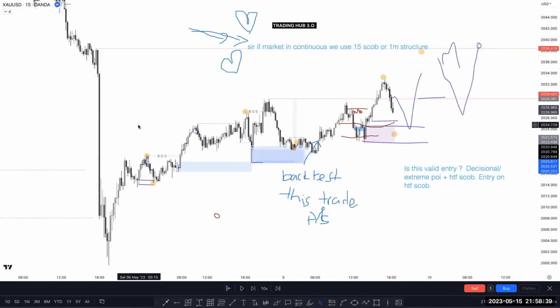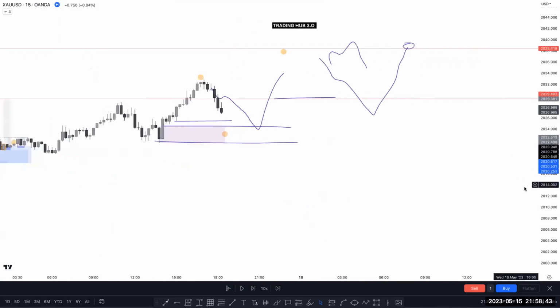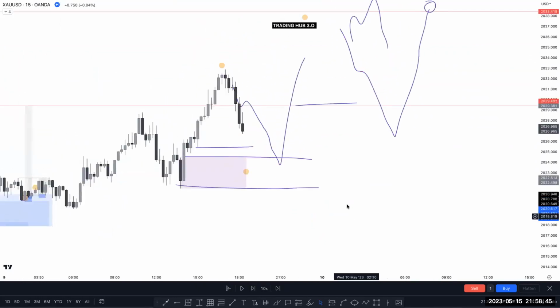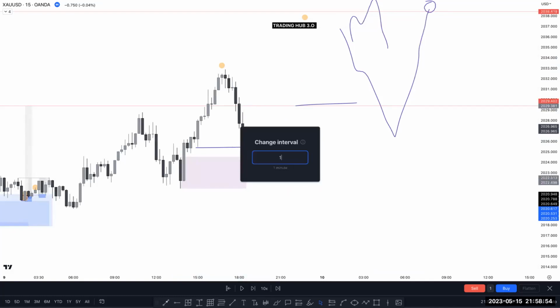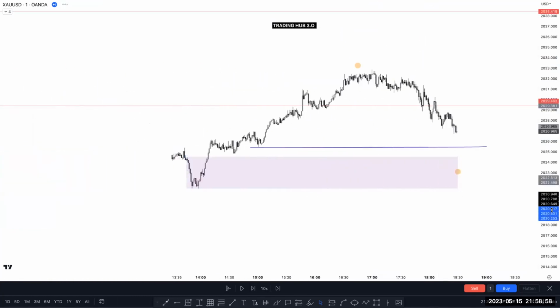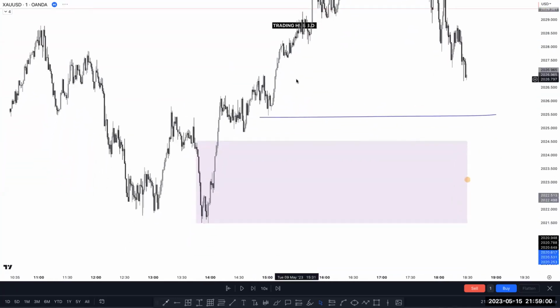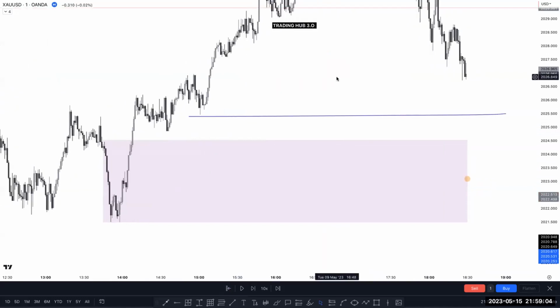First of all, you have to mark where our 1-minute refinement order block is in this case. Look at this one. This is our PY where we can trade here for the buy, right? So you have to switch to the 1-minute time frame first of all. Mark here, everyone, where our refinement order block is.